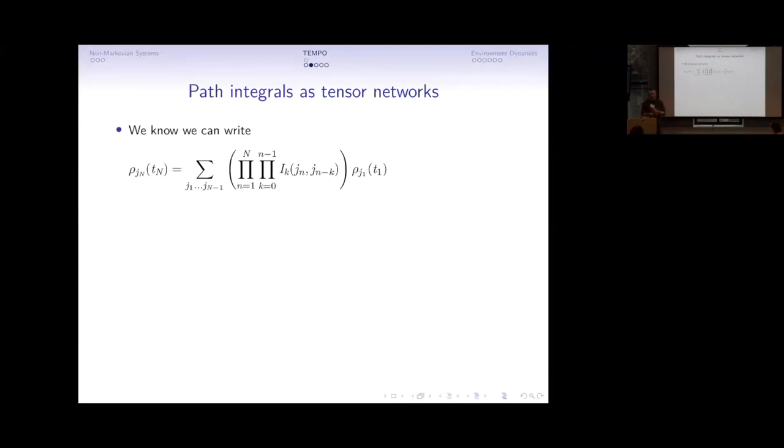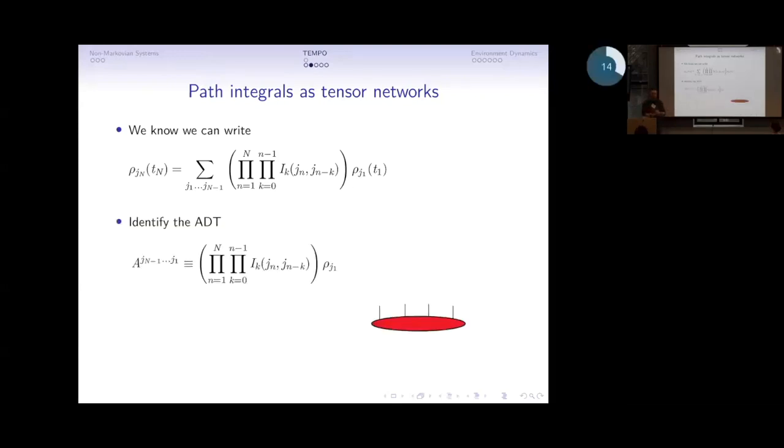So now we have this fairly horrible looking expression for what is the density matrix at time point n, and it has this exponential number of products of influence functionals which move into it. Then we can do this identification of this augmented density tensor, which is exactly what is done in the QuAPI algorithm.